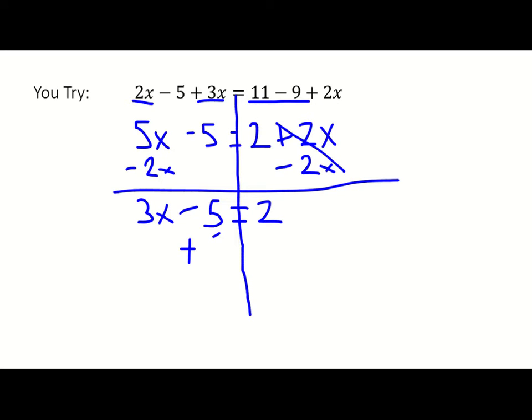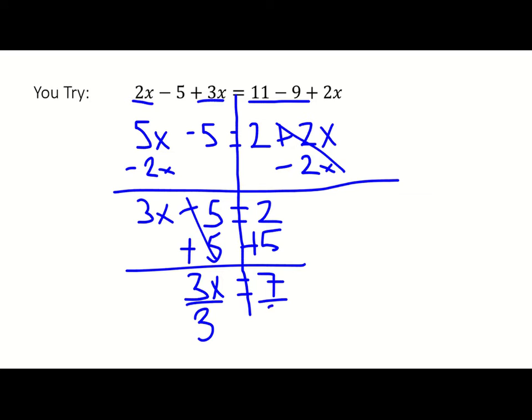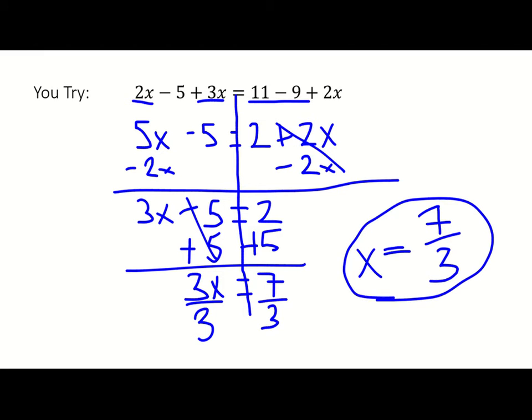Add 5 to both sides. The 5's cancel, so we have 3x. 2 plus 5 is 7. And then divide by 3. Now, 3 does not go into 7, nor can that fraction simplify. So we'll say our answer is x equals 7/3.